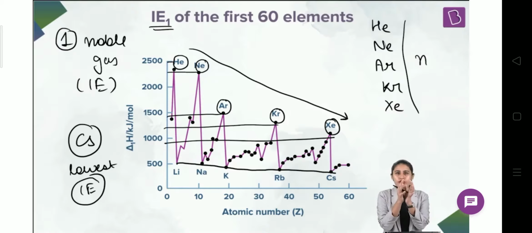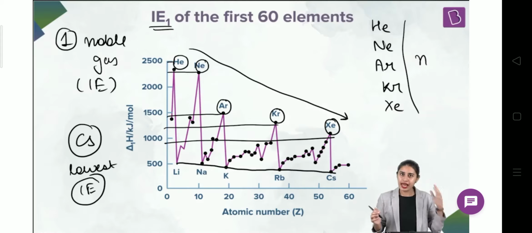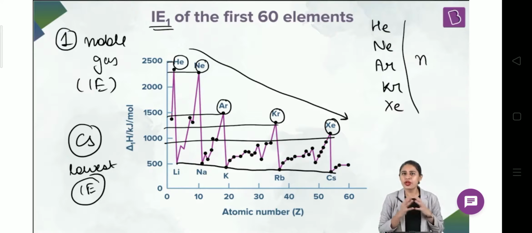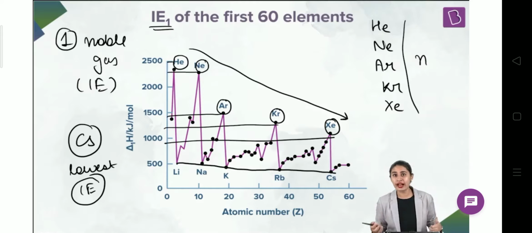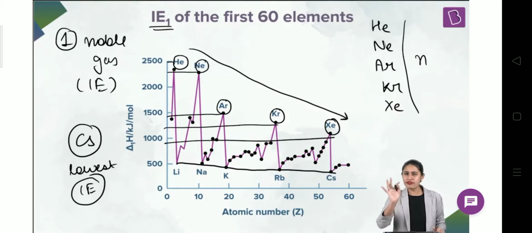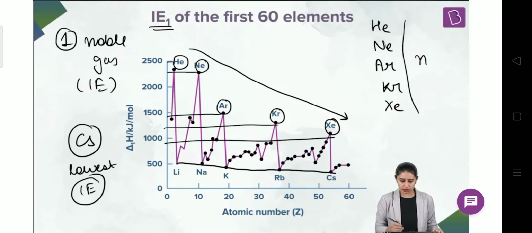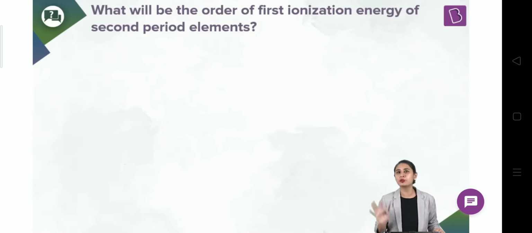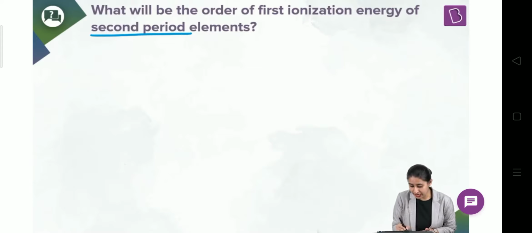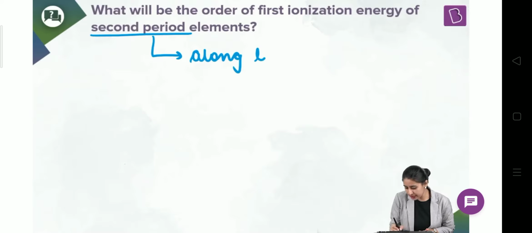So let's magnify this a little and understand the trend in terms of questions, in terms of the factors that we just talked about, right? So let me first pick up the ionization energy of second period elements. When I'm talking about the second period, that means we are talking about along the period, right?